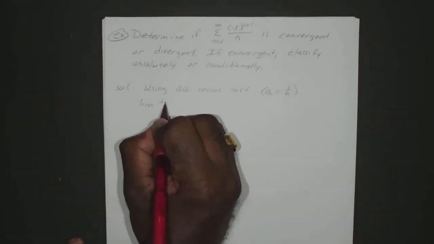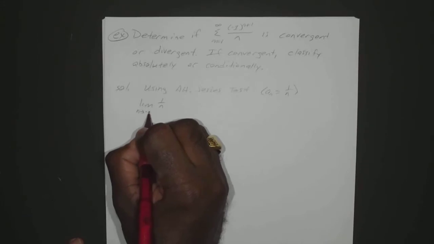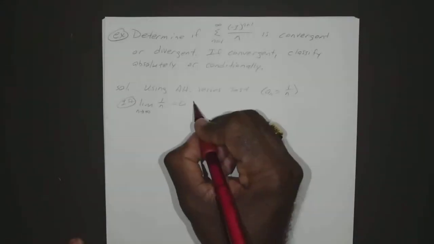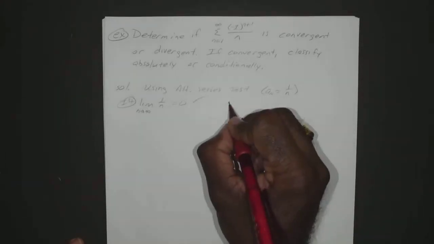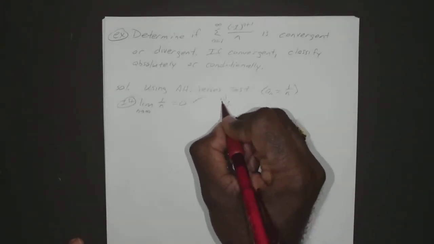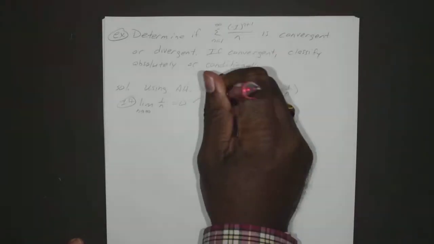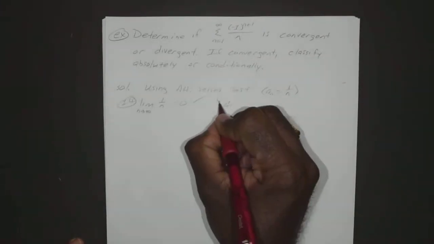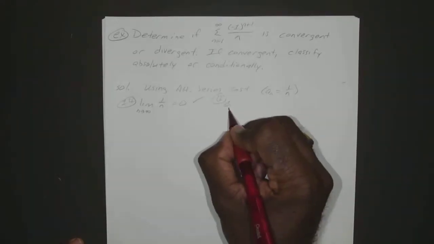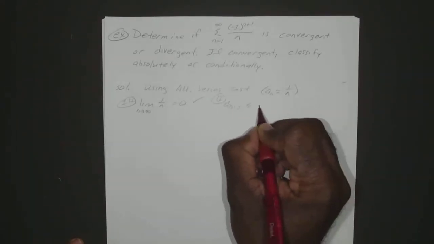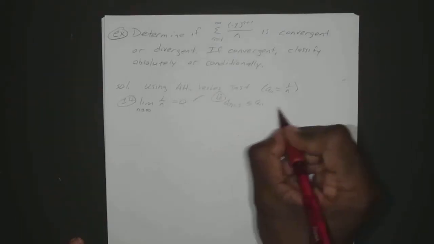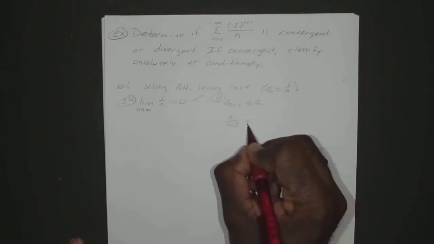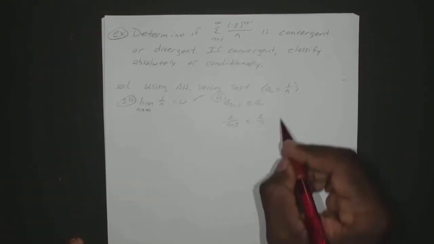The limit of 1 over n as n approaches infinity is 0, so it passes that first condition. And your a sub n plus 1 is less than or equal to a sub n, where we knew that 1 over n plus 1 is less than or equal to 1 over n.